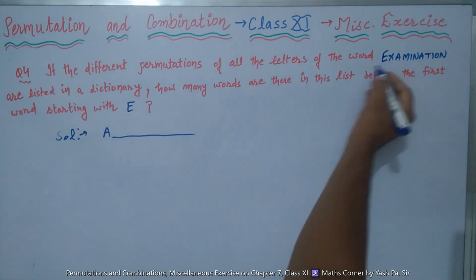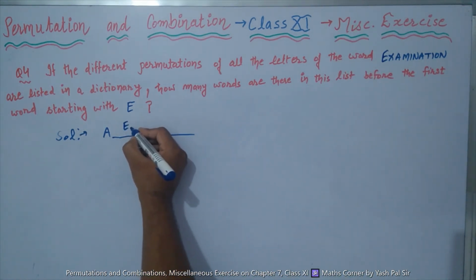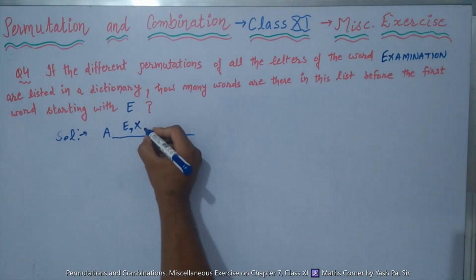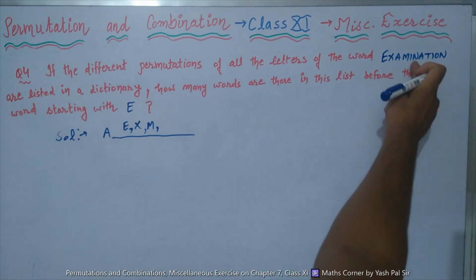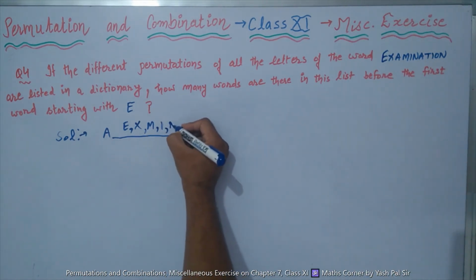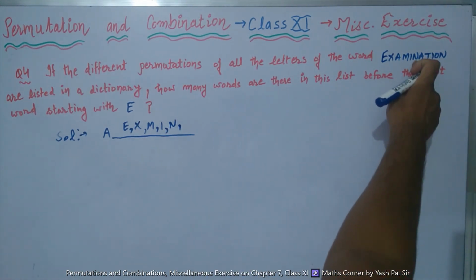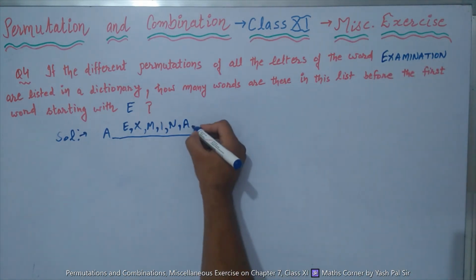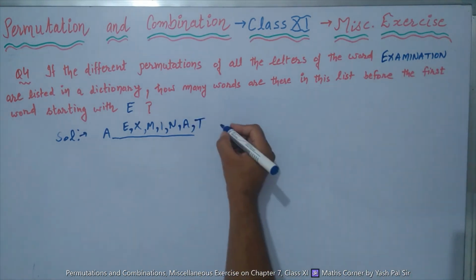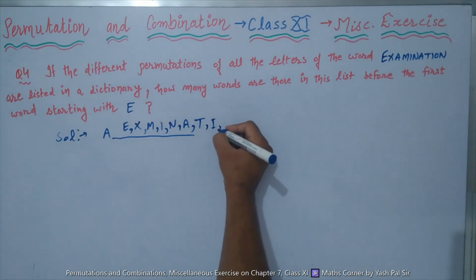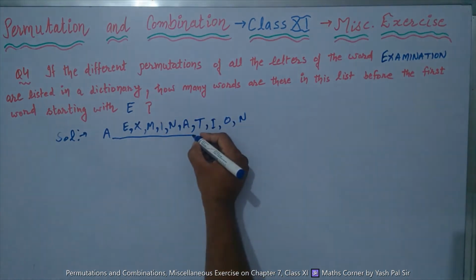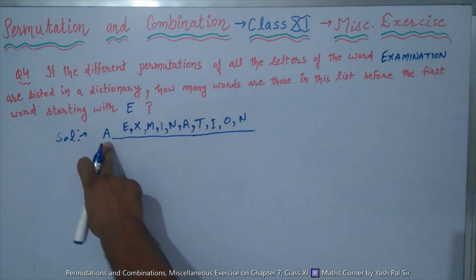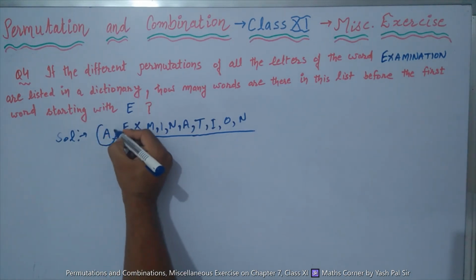They are left E, X, A is used, M, I, N, again A, then T, then I, then O, then N. This way we start with A. A is the first letter.